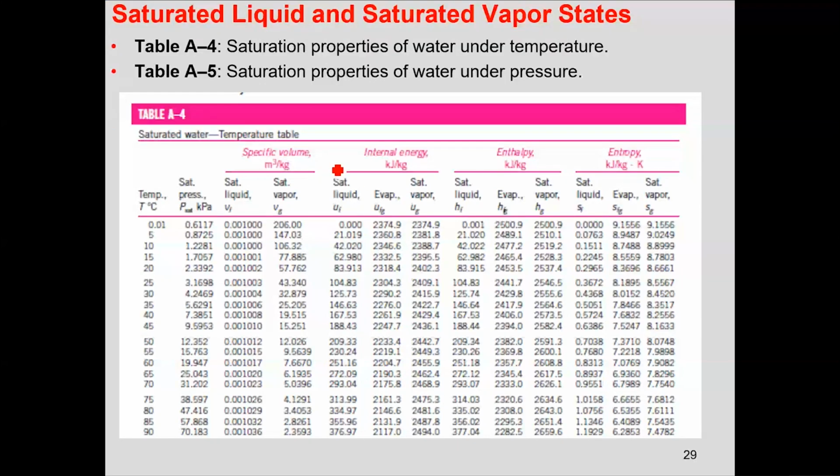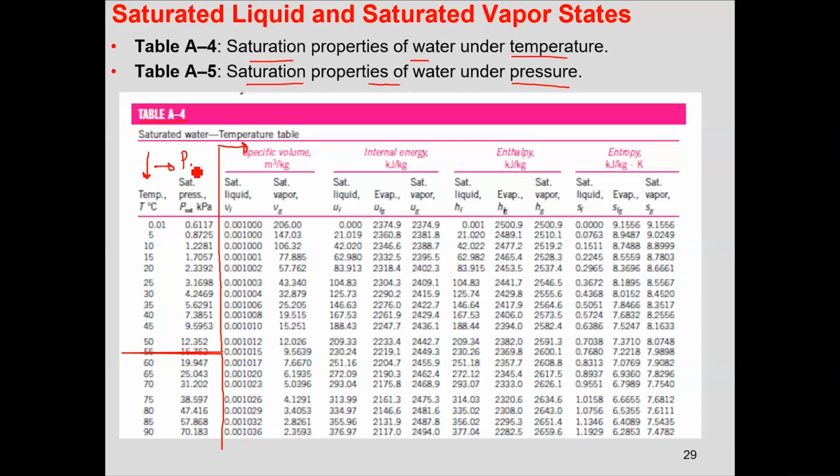Table A4 is saturation properties of water under temperature, and table A5 is saturation properties of water under pressure. If I place a line over here, you don't need to worry about this side at the moment. The difference between A4 and A5 is in the first two columns. In table A4, the first column is temperature and the second column is saturation pressure.